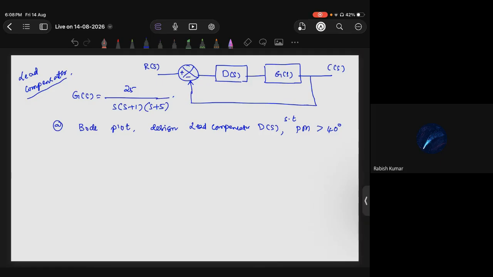Consider the gain of D of S at omega equal to 0 is 1. That is the assumption. Also find the bandwidth.